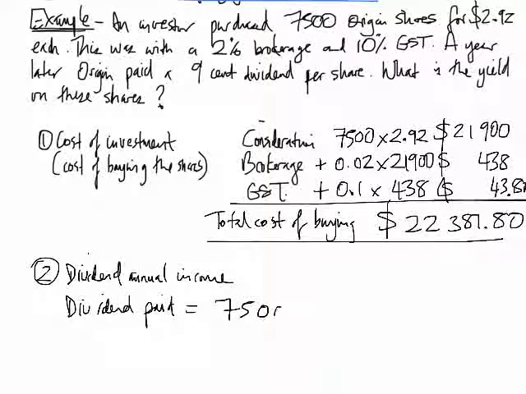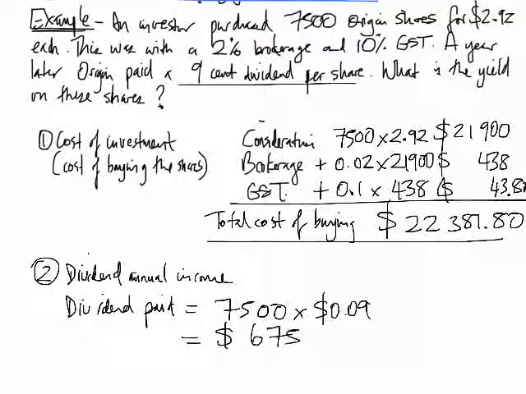It doesn't make clear whether they're ordinary shares or preference, so just assume they're ordinary. So 7,500 times the dividend, which was 9 cents per share, so that is 0.09. So that totals $675 earned in annual income from the dividend.